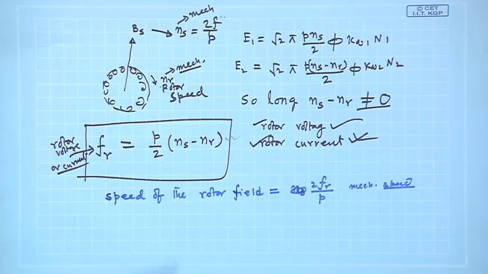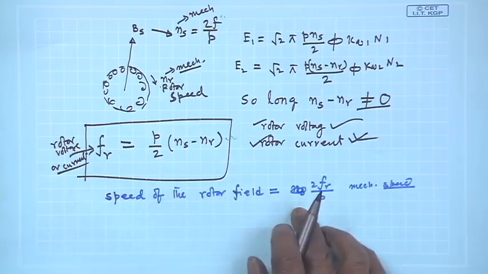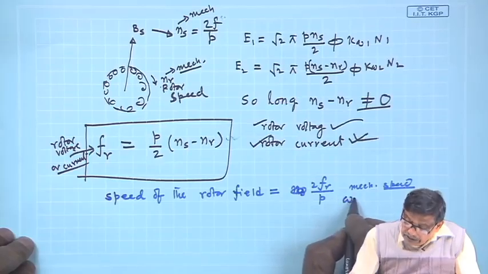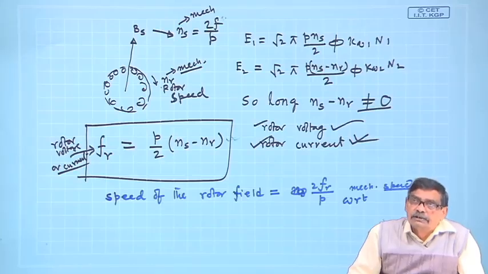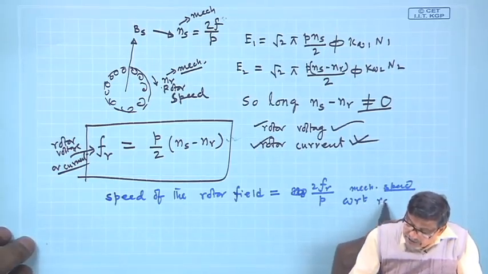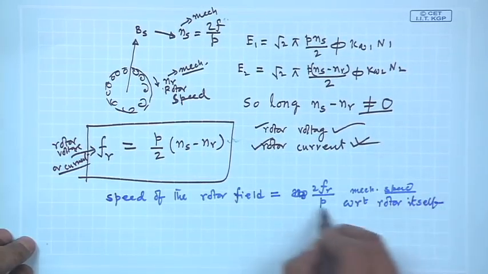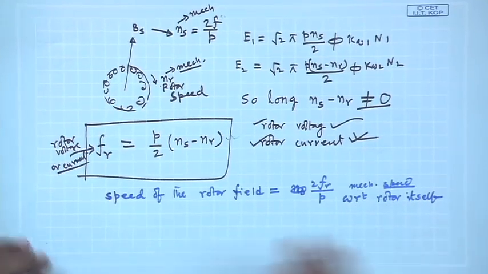Now, the moment I write this, I must attach a rider to this. With respect to whom? With respect to the structure which houses the three-phase winding. The structure which houses the three-phase winding is the rotor body. So, this speed is 2 Fr by P with respect to the rotor itself.